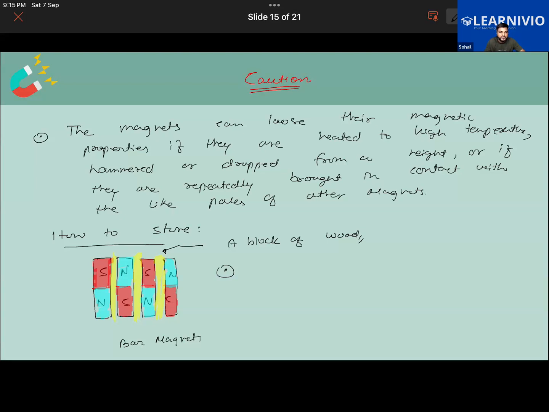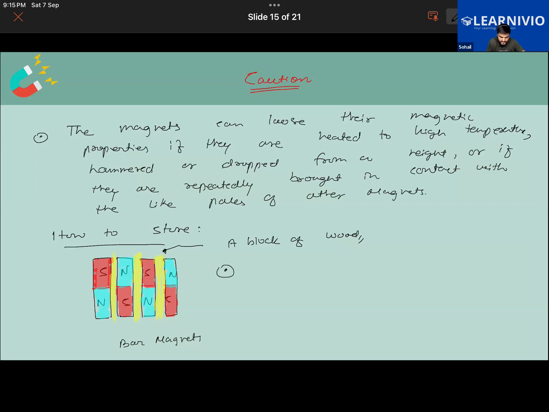They should always be stored in pairs, as we have seen here. If you store them in a container, that container should not be made out of iron. Also, magnets should always be kept away from any kind of electronics, like computers, mobiles, and televisions.